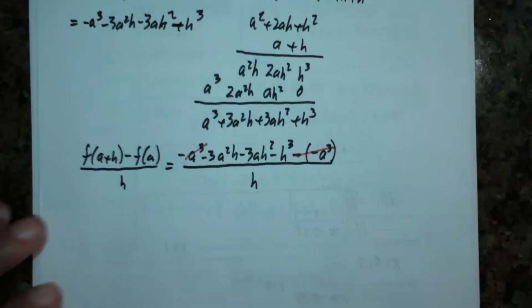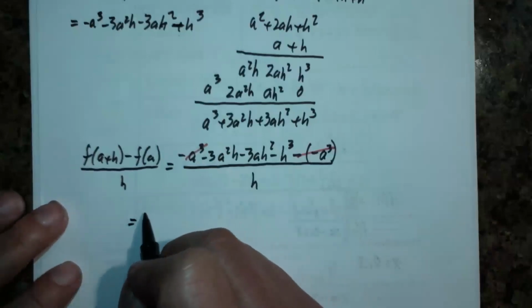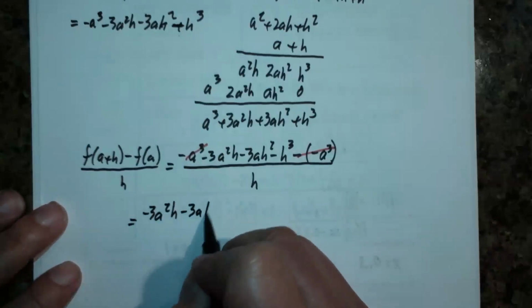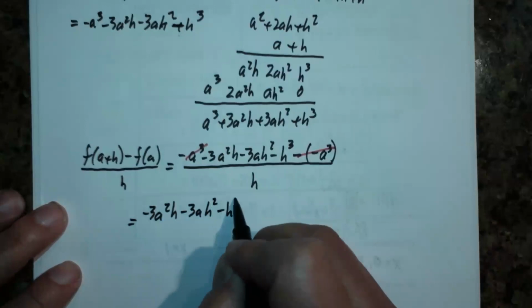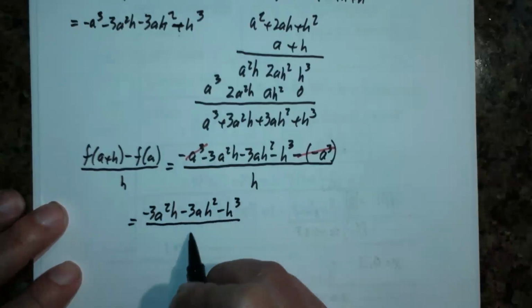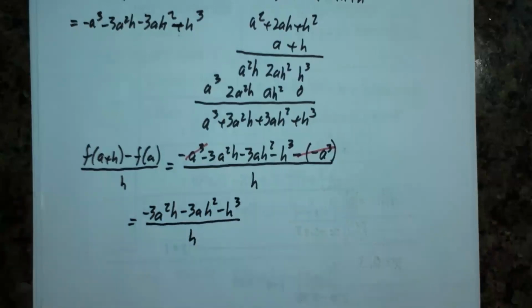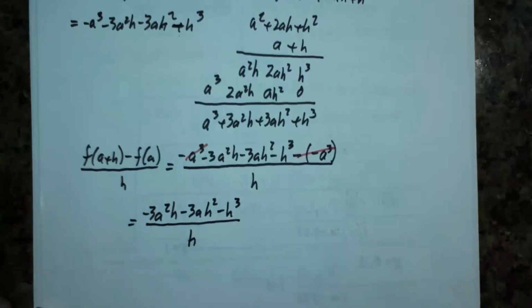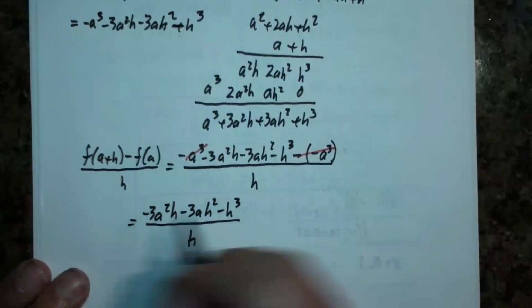So we are left with this here. And I am now going to factor out an h from up top.